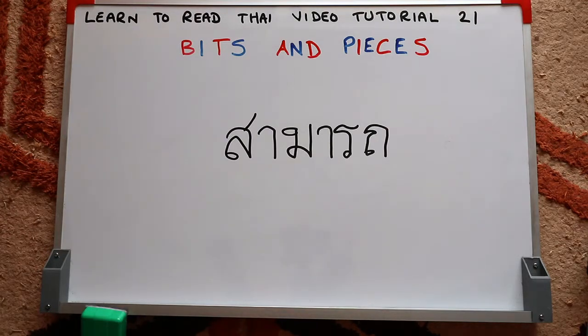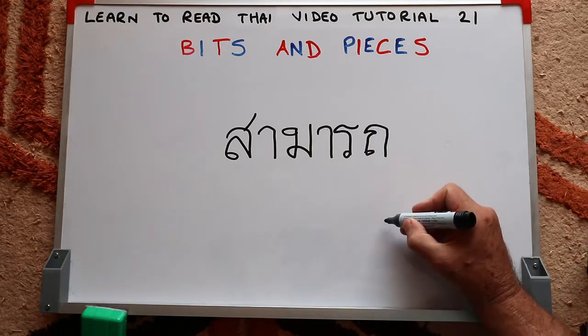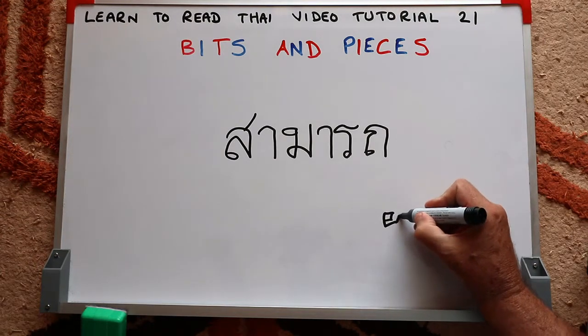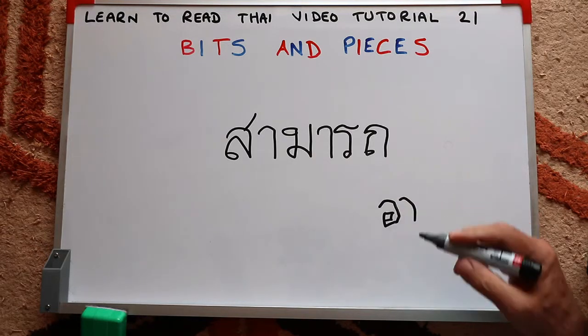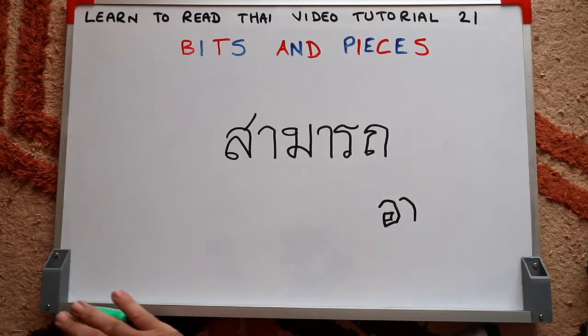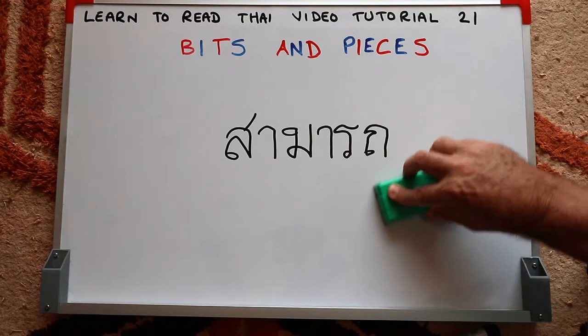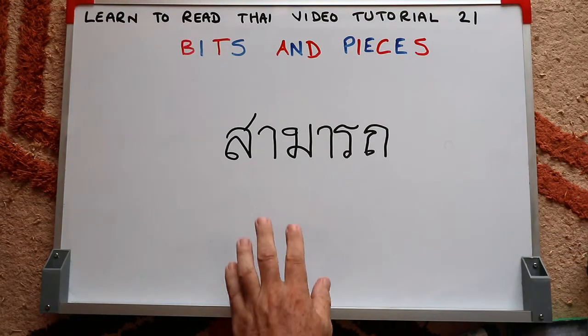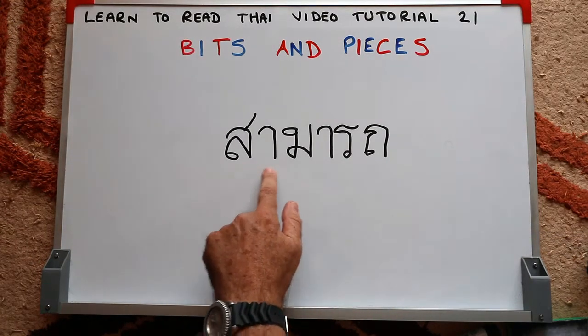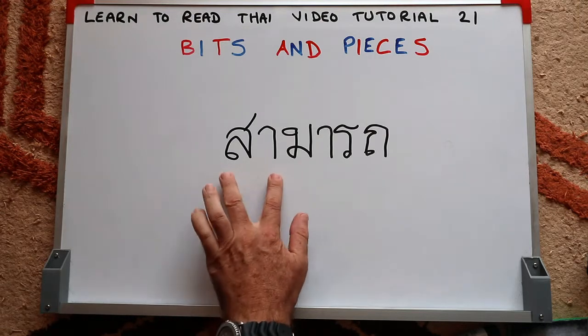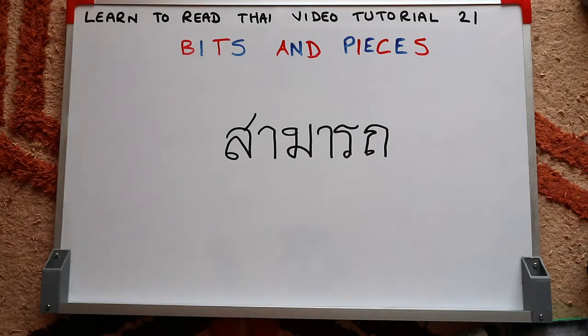And it can't. If a word starts with the long R vowel, it has to have the zero consonant written before it like this. So that can't be the new syllable. So the first syllable is just this, the S and the long R, sa.